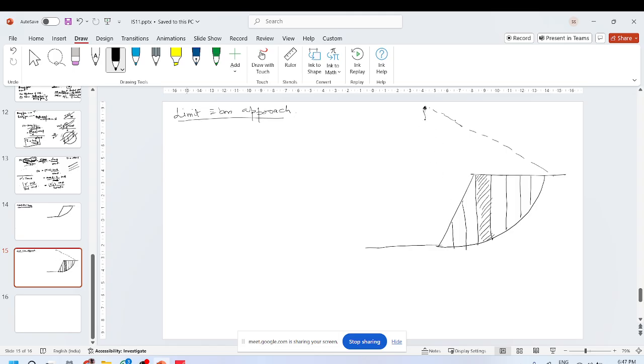Okay, once you know the radius of the slip surface and the center here, once you know this slip surface, you divide your wedge into thin slices. Then you take the equilibrium of each slice.